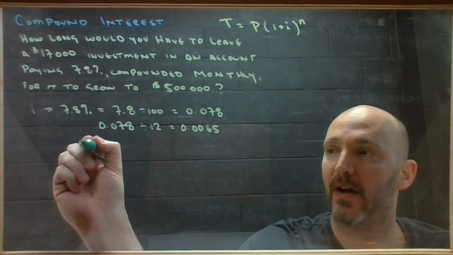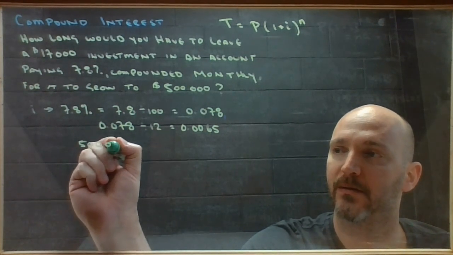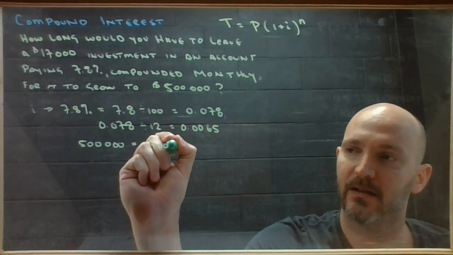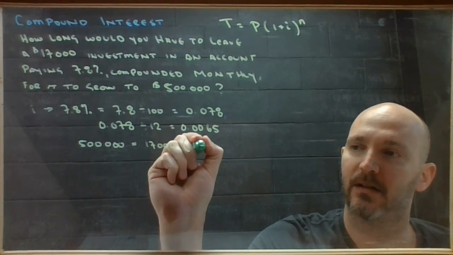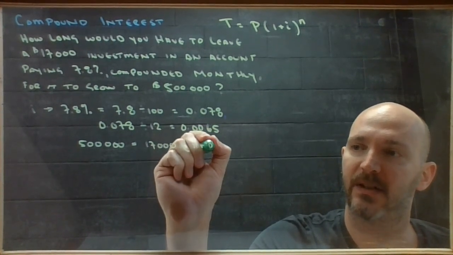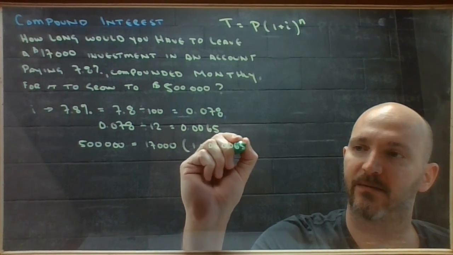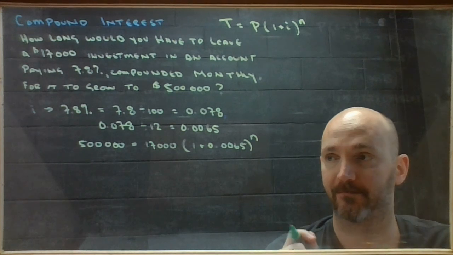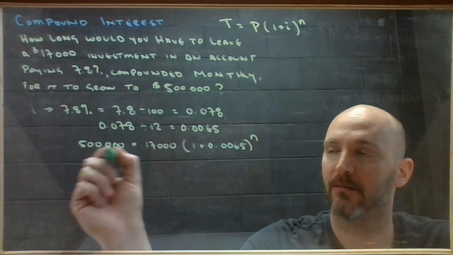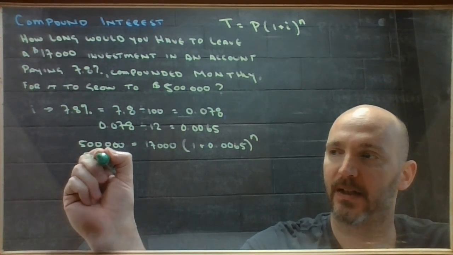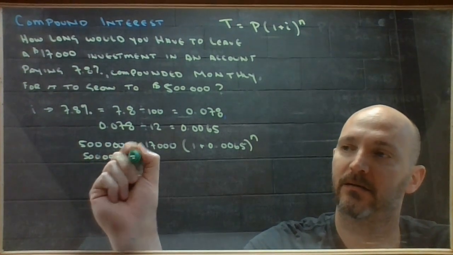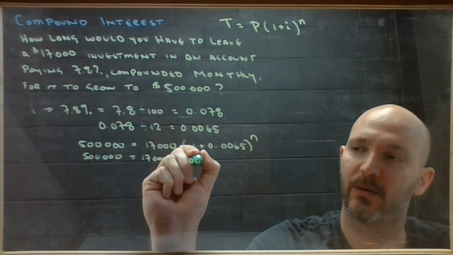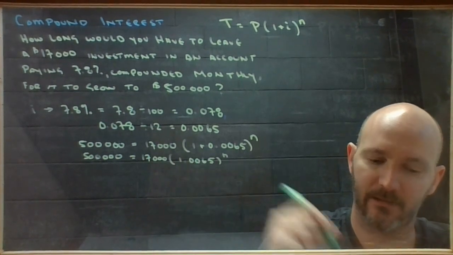So I want $500,000 out. I'm going to put $17,000 in. And the i value will be 0.0065. And I don't know n. Okay, well, first things first, I can do that little addition in there. Gives me 1.0065 to the exponent n.